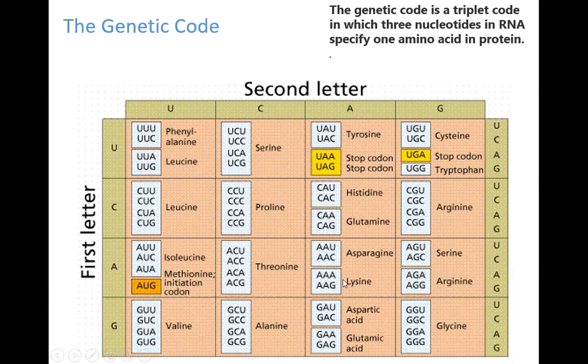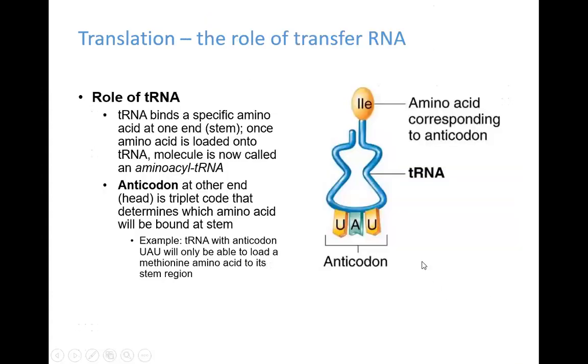Anyway, first letter, second letter, third letter, each of these codons codes for a specific amino acid. And this is how the transfer RNA works. The amino acid that corresponds to the anticodon is dragged to the messenger RNA, so we can assemble the chain. Remember, the DNA strands, the genes, are nothing more than the instructions for the proteins.